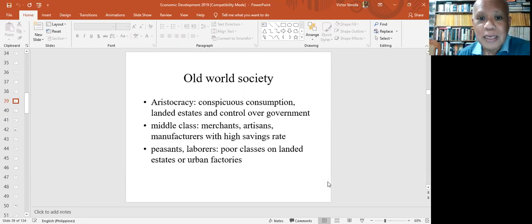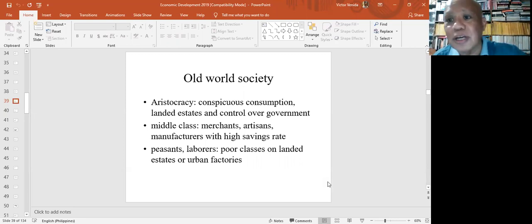But many middle classes did set up bank accounts and bought financial assets. But the bulk of their savings involved reinvestment in the business. So they're the ones that reinvested their profits in the business and they would reinvest in improving their products, their processes, and the like. So the middle classes were the ones with high rates of savings.